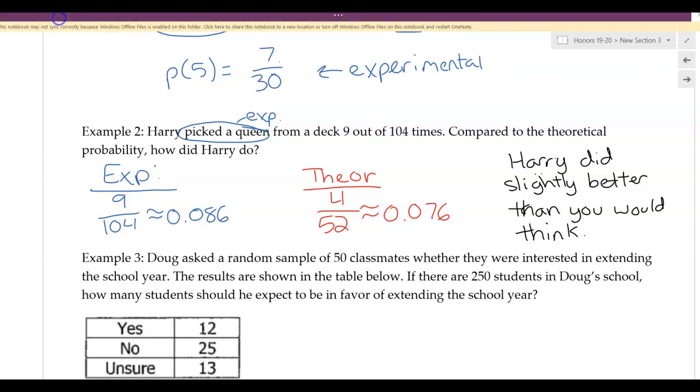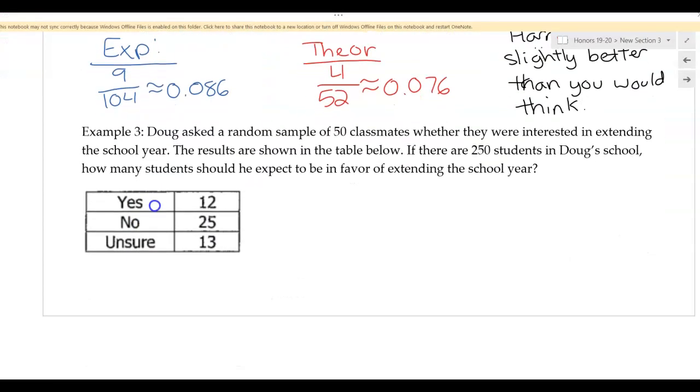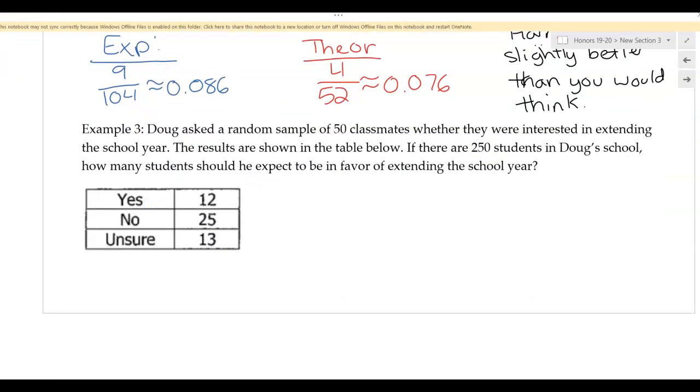Now, if we look at example 3, Doug asked a random sample of 50 classmates whether they were interested in extending the school year. The results are shown in the table below. And now if I did something 250 times, I can find what I would expect.